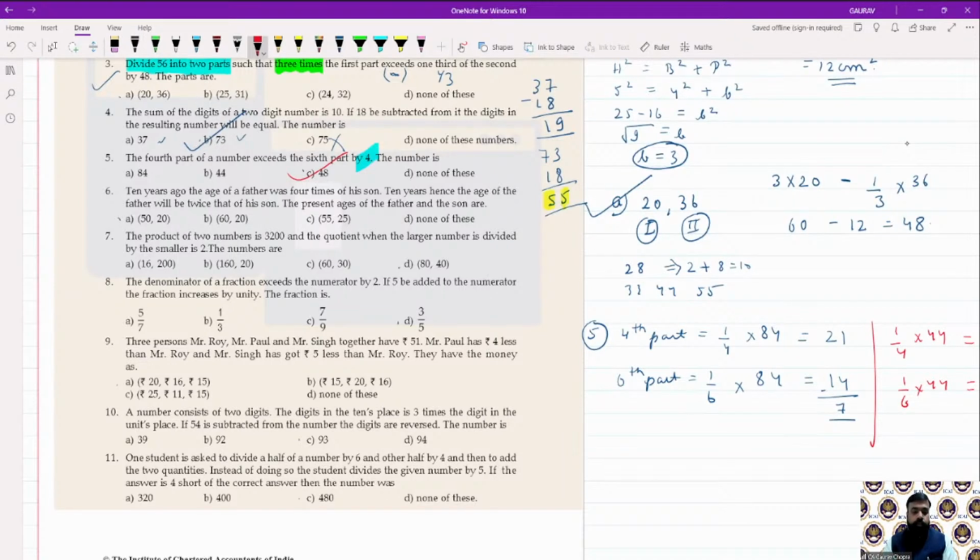Option number C is correct. Yes, everyone has given the answer: option number C, that is 48.